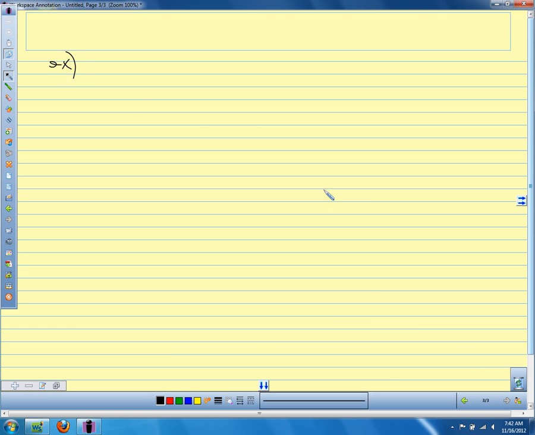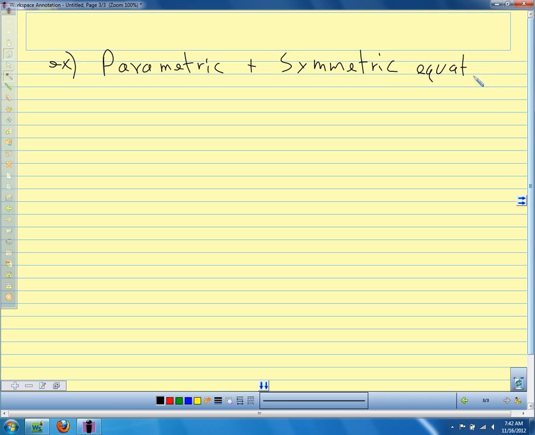So we want the parametric and symmetric equations for the line through this point, negative 2, 0, 4.